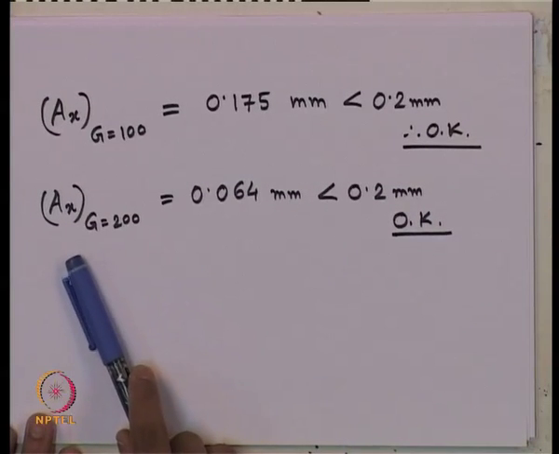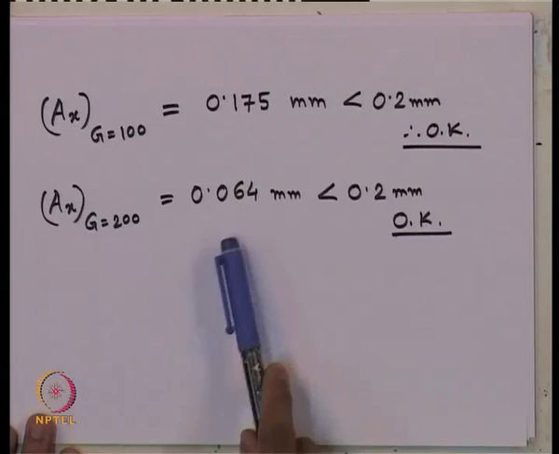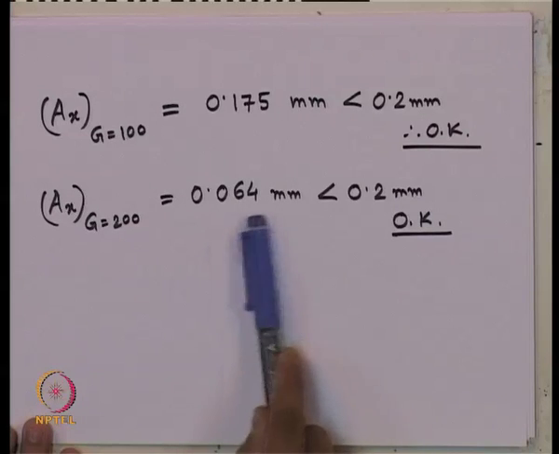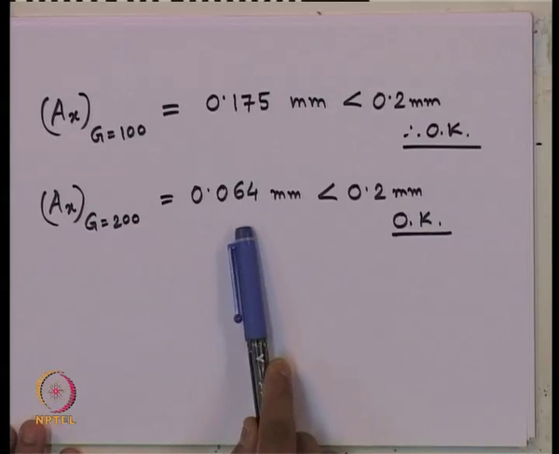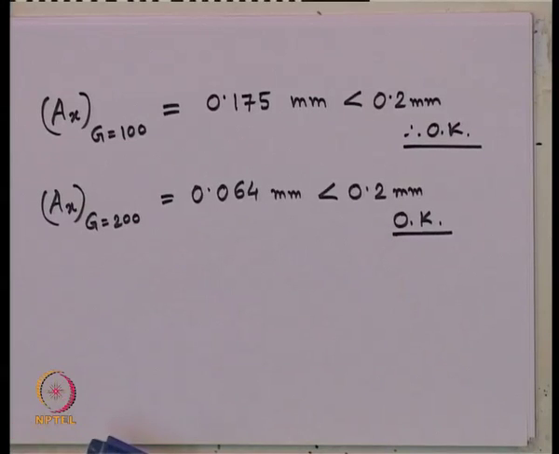So, for the third type of soil with G equals to 200 TSF, A x, that is the displacement amplitude at operating frequency, we are getting as 0.064 mm, which is less than the given permissible limit of 0.2 mm. Hence, the design is okay. Now, the next step is to compute the displacement amplitude at resonance condition.